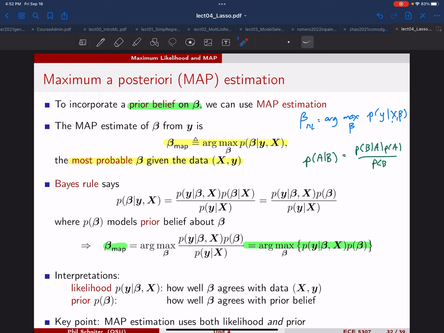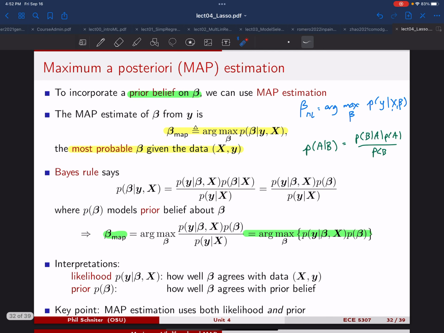And the posterior involves the likelihood and your prior and a scaling function. So overall, when we take this MAP approach, we're not only using our likelihood, but we're also bringing in our prior knowledge. We're looking at the product of those two things. And that is how we're going to choose the best beta.